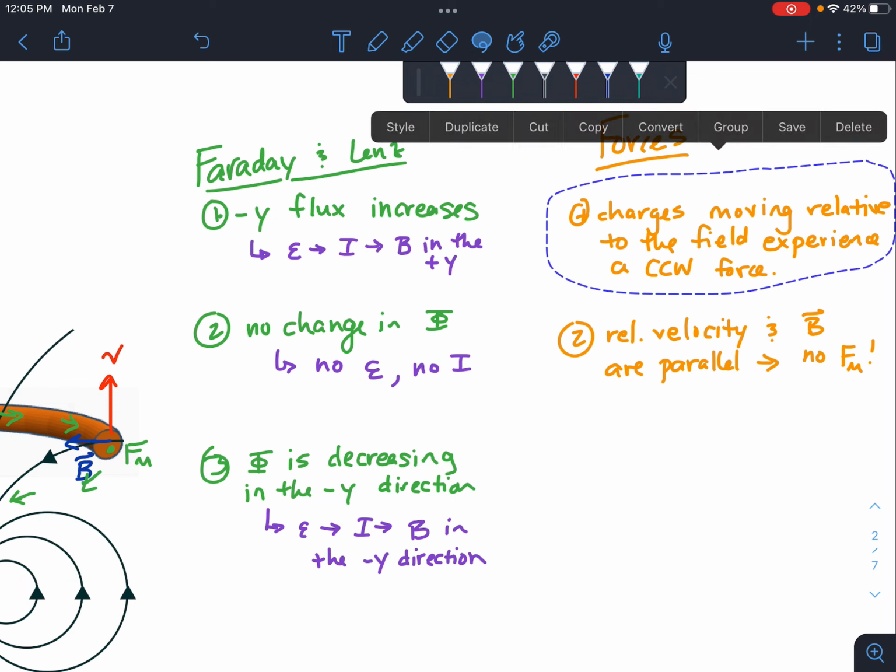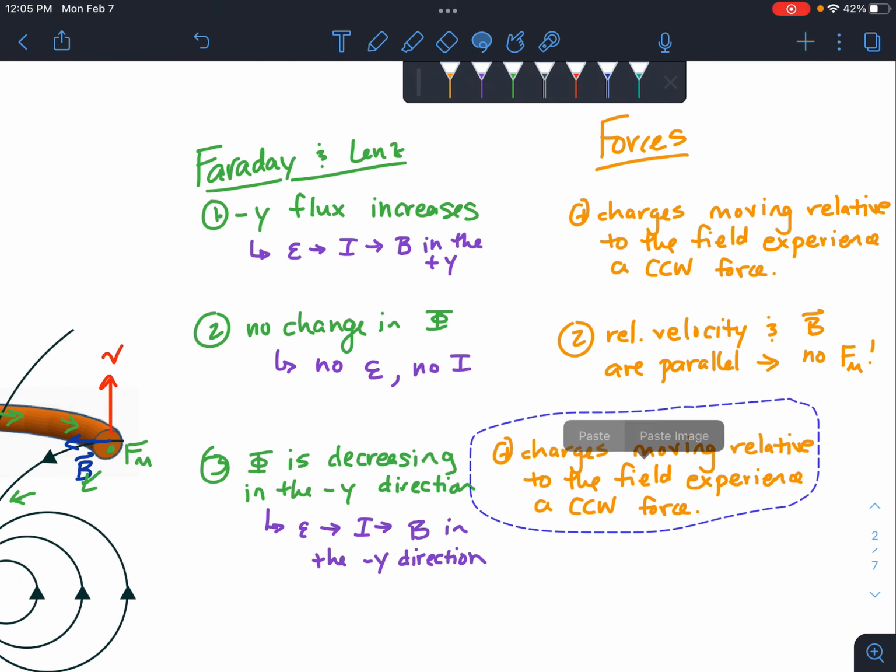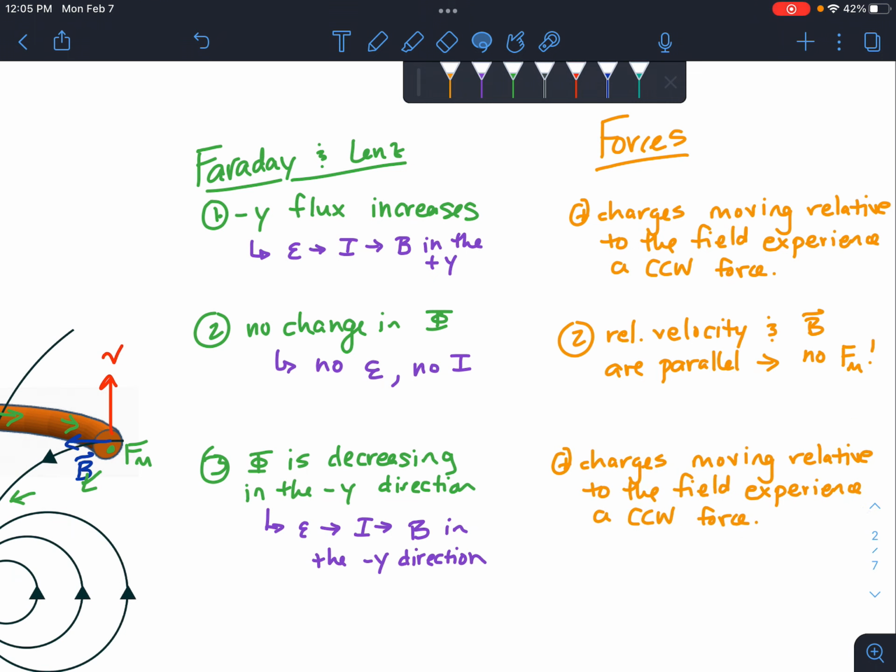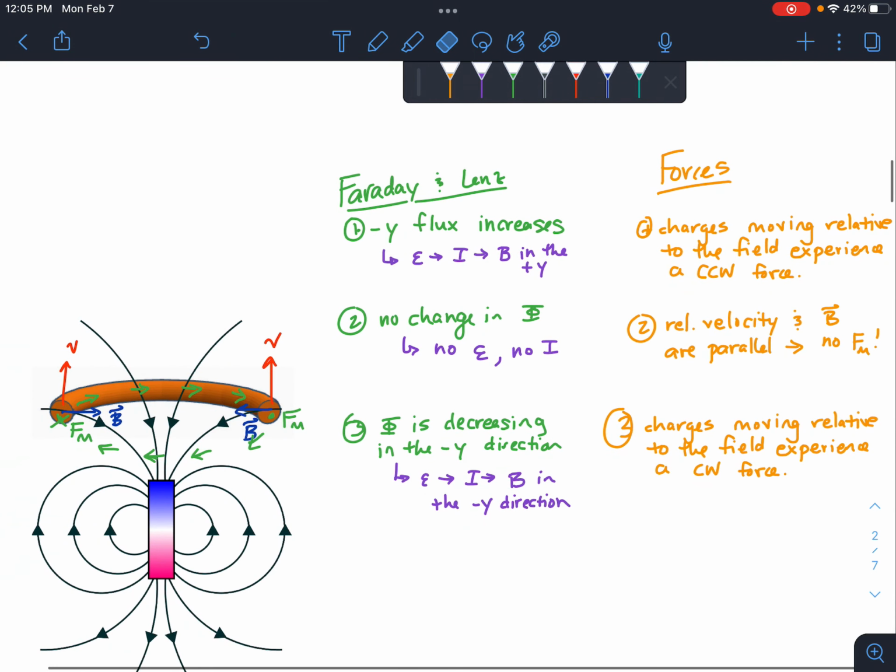I'm trying to make this brief and it's not working. It's okay. Everything is going to be fine. The charges moving relative to the field experience a clockwise force in step 3. So the same exact result, but we can look at it from two different perspectives.